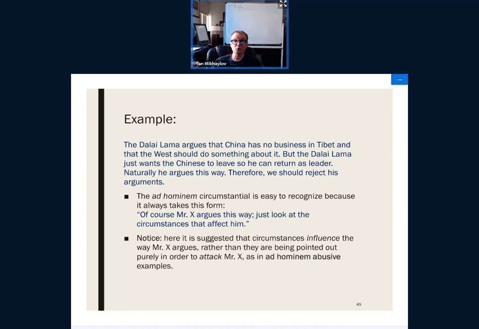So if people are arguing that, for example, we should lower taxes equally just because they will benefit from lower taxes, that doesn't automatically disqualify them. We can still and should listen to their argument, why should we lower taxes, and then decide whether or not it is a good argument. Dismissing it just by saying, oh, he'll benefit from that, therefore it's nonsense, that is a fallacy. And this is an ad hominem circumstantial.